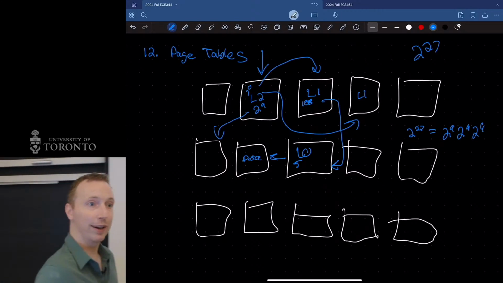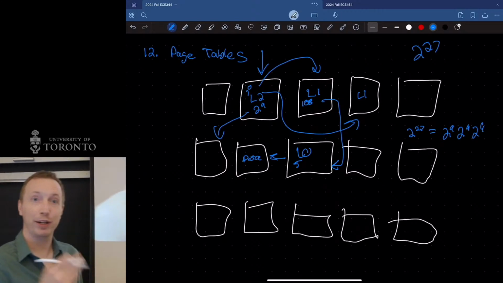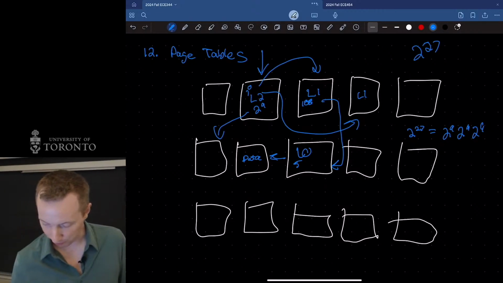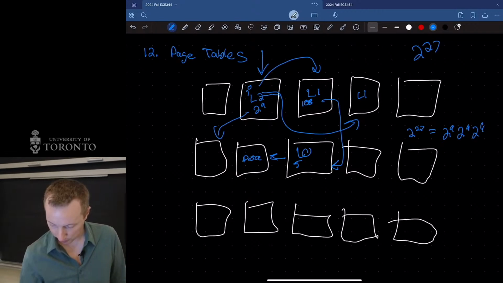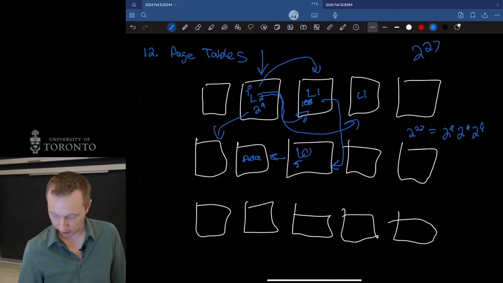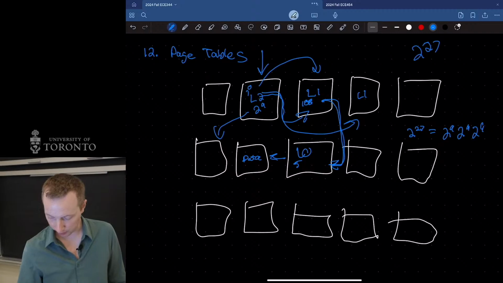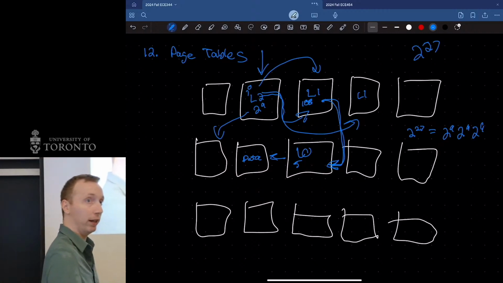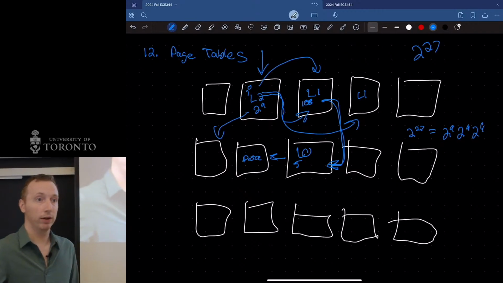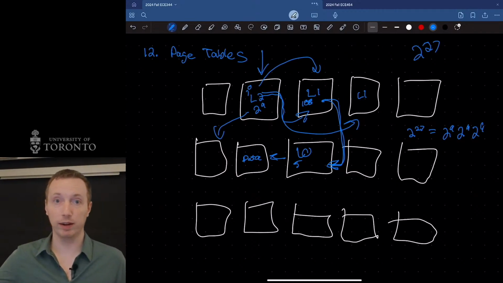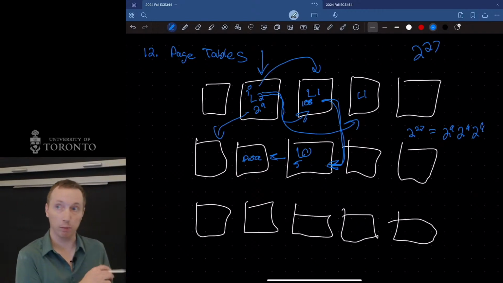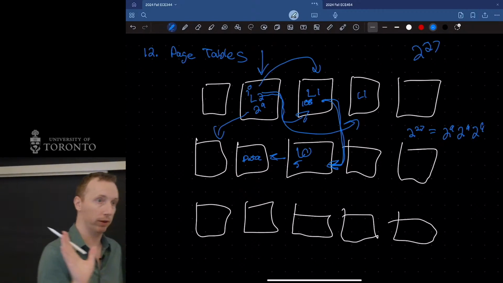To translate a single address, I only need 3 pages now. I could have an L2 that leads me to an L1 that leads me to the L0, and then that has my final physical page for this virtual address. So I can translate a single address with only 3 page tables, one for each level.